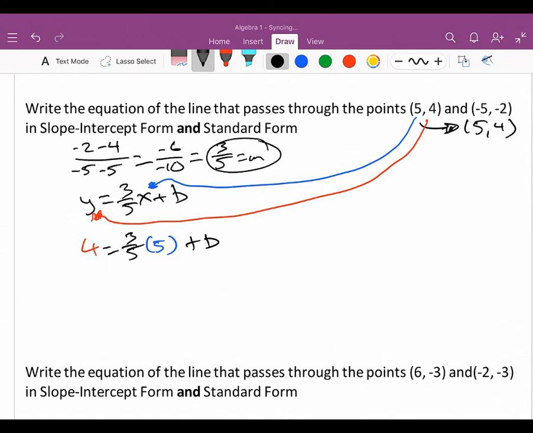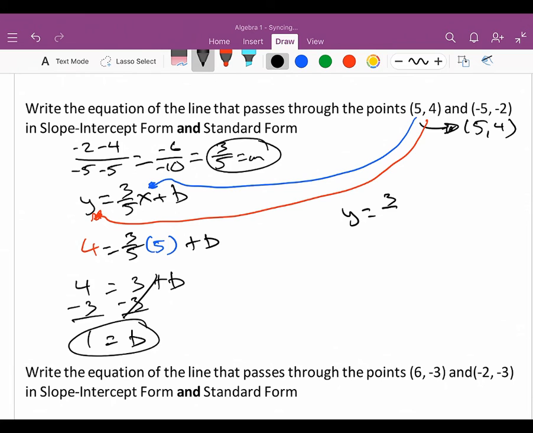And then solve for b. Multiplying 3/5 times 5 gives me 3. Bring down the 4 equals 3 plus b. Subtract 3 from both sides. 4 minus 3 is 1, so b is 1. Put it in your slope-intercept form: y equals 3/5 x, and b was 1, so plus 1.